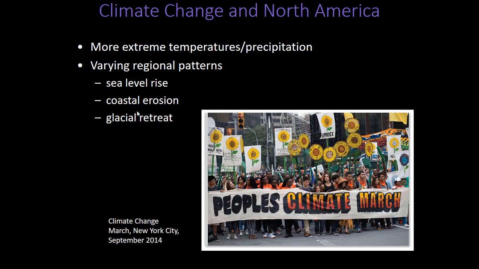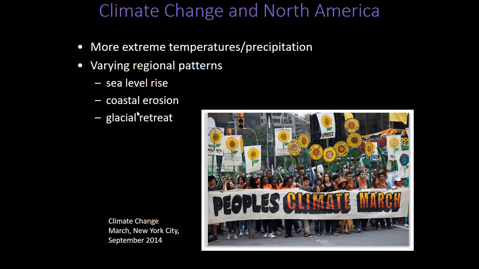Okay, so climate change. This is something we'll talk about with every region as well. So what we're seeing here in North America is more extreme temperatures, not just hot, but also cold, more extreme levels of precipitation. So this could be low extremes and high extremes, droughts as well as flooding. Varying regional patterns, so different things are happening in different regions within the United States, within Canada. You might see sea level rises. This is one factor here.